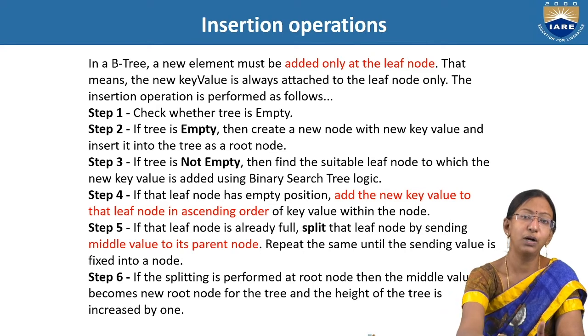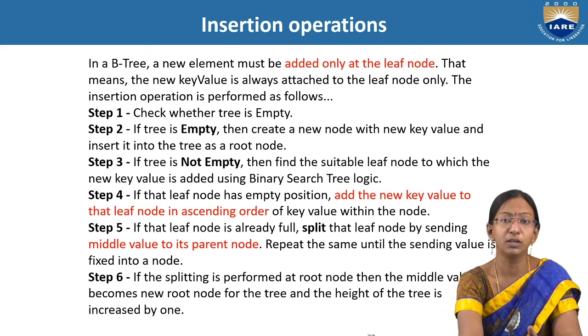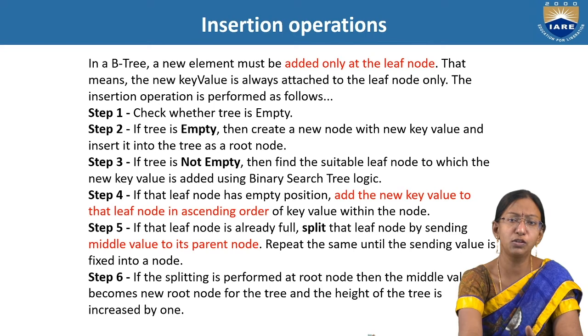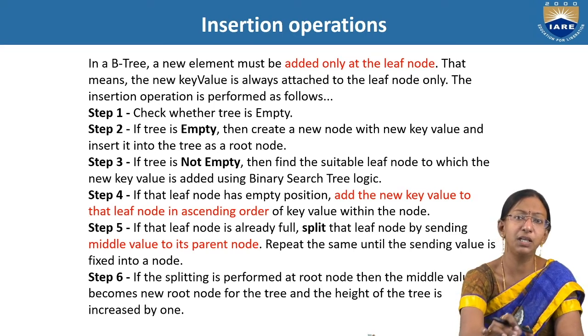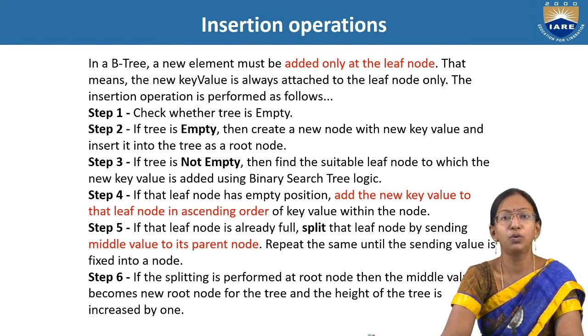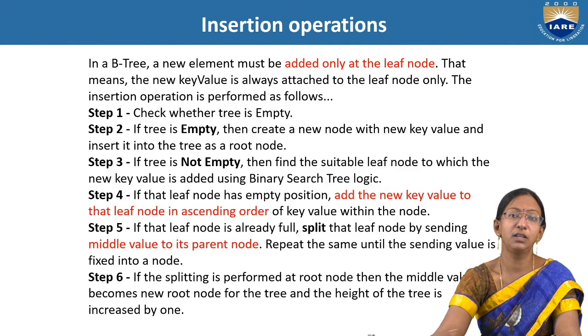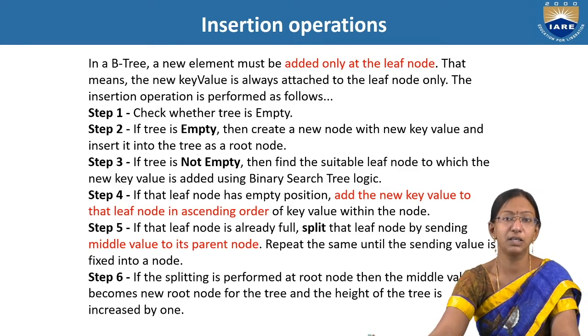You are going to do this until you reach the root. If even the root is full, divide the root into 2 halves and take the middle element and make it a new root node. So this is the splitting procedure which we adopt if we do not find a place for a new node. You can repeat it, and you can even split the root node also, as given in step number 6. I'll explain all these steps with an example.